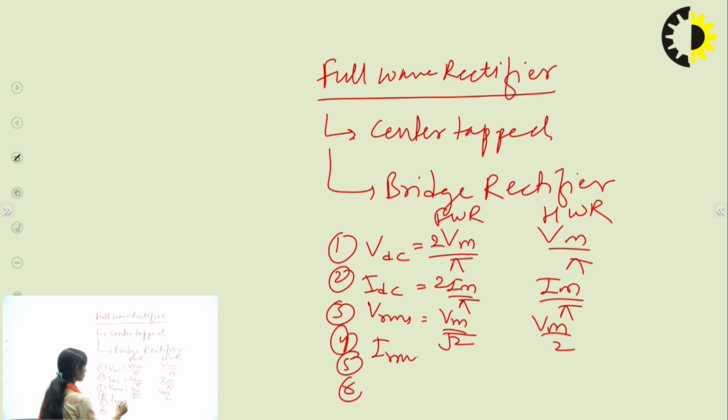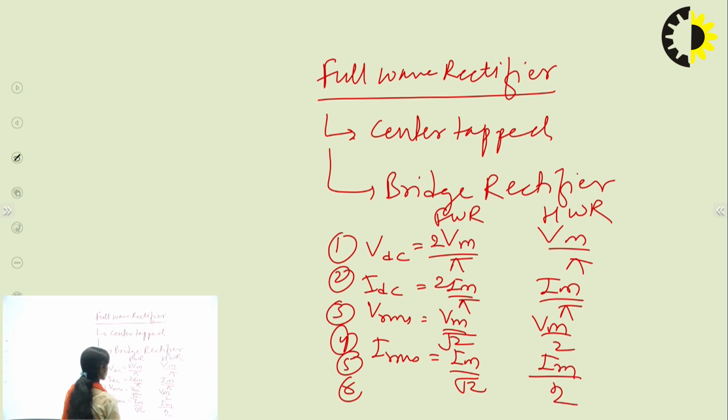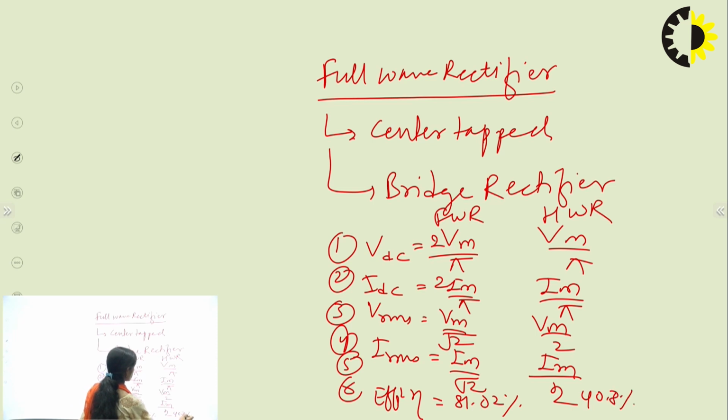Similarly, IRMS is Im by root 2 in case of full wave, and in case of half wave rectifier it is Im by 2. Talking about efficiency, eta is around 81.2% in full wave and 40.6% in half wave rectifier.